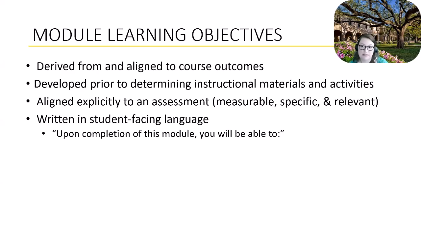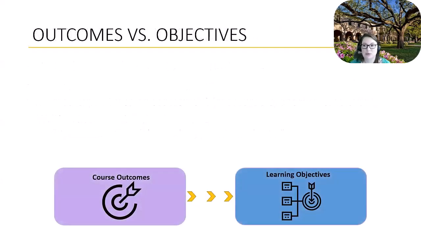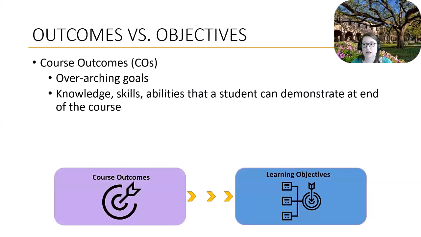So this was a lot of information. I want to talk briefly about the differences between those course outcomes and module learning objectives. Again, course outcomes describe the overarching goals that a student will be able to demonstrate by the end of the course.